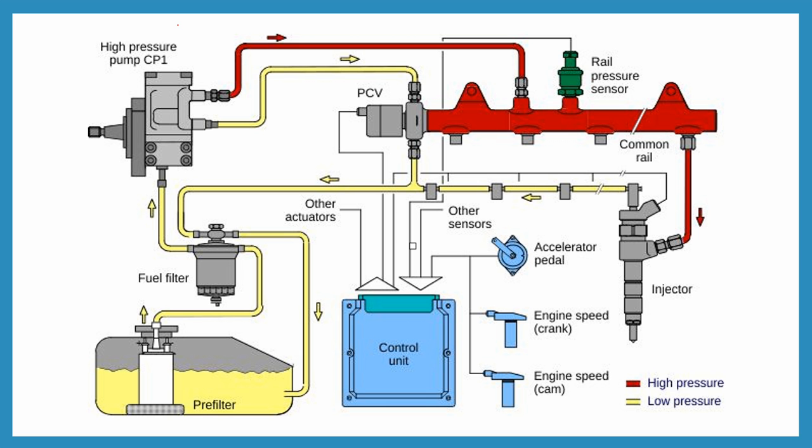These enter here, and it outputs to the other actuators, to the PCV, and actuates the injector. So this is the basic picture of the common rail injection system.